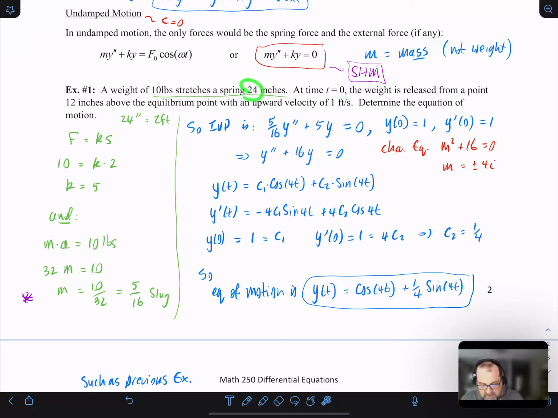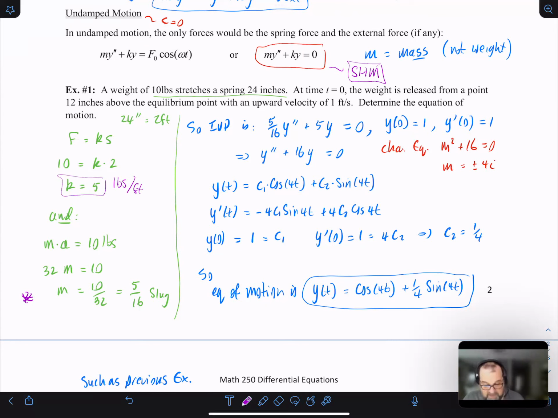So 24 inches is 2 feet. So we would solve for k, our spring constant, and get k equals 5. This would be pounds per foot, but we don't really need that here. This would be our spring constant.